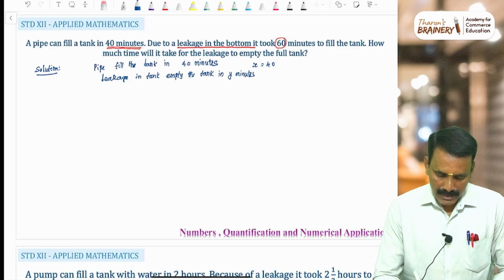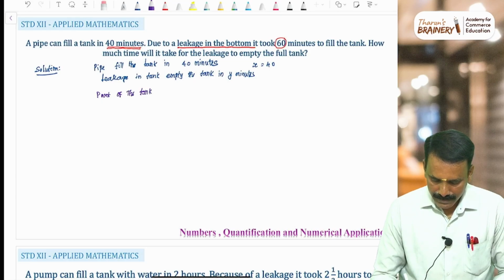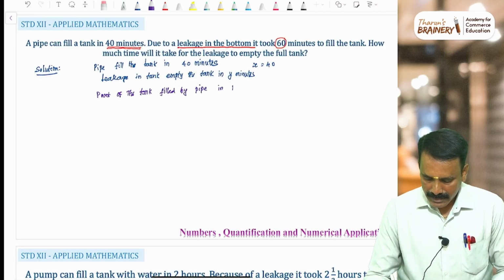So we start. Part of the tank filled by pipe in 1 minute will be equal to 1 by 40 part.